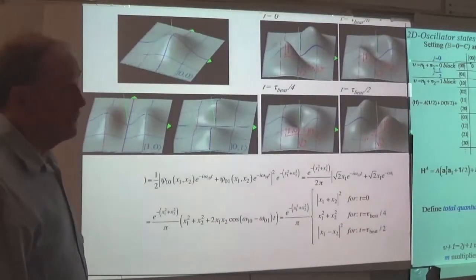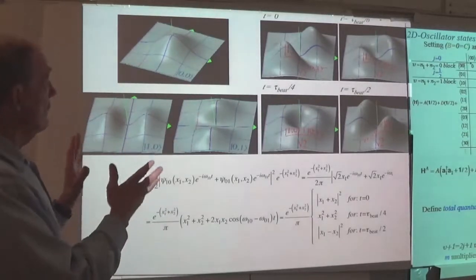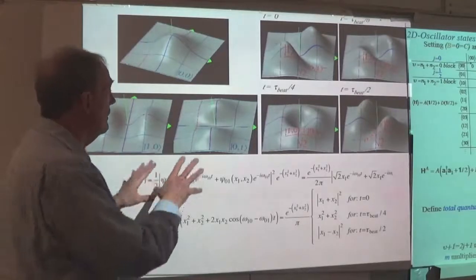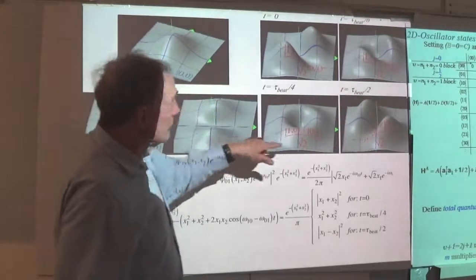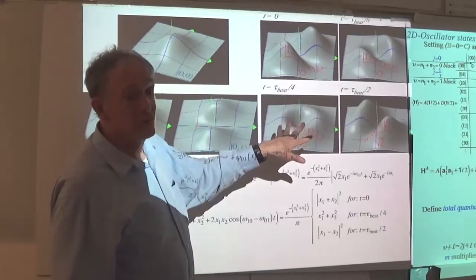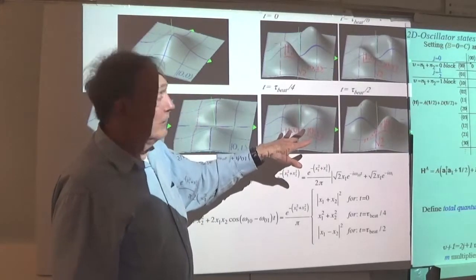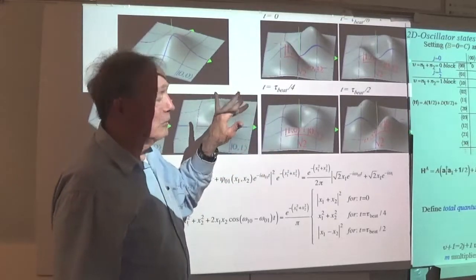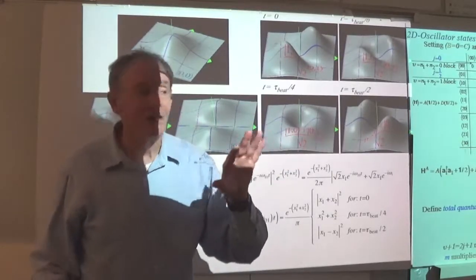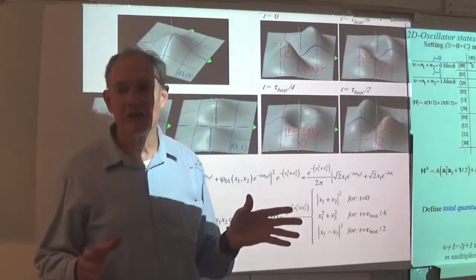Now it wouldn't hurt if I had an animation of these to play, but I don't. I've been looking around. I had all of this stuff on a graphing calculator, and I could make these things oscillate. I could make this one do a little dance that was like the beating motion that we saw when we did the orbits. And what we would really like to see is an animation that could make a coherent state in 2 dimensions.